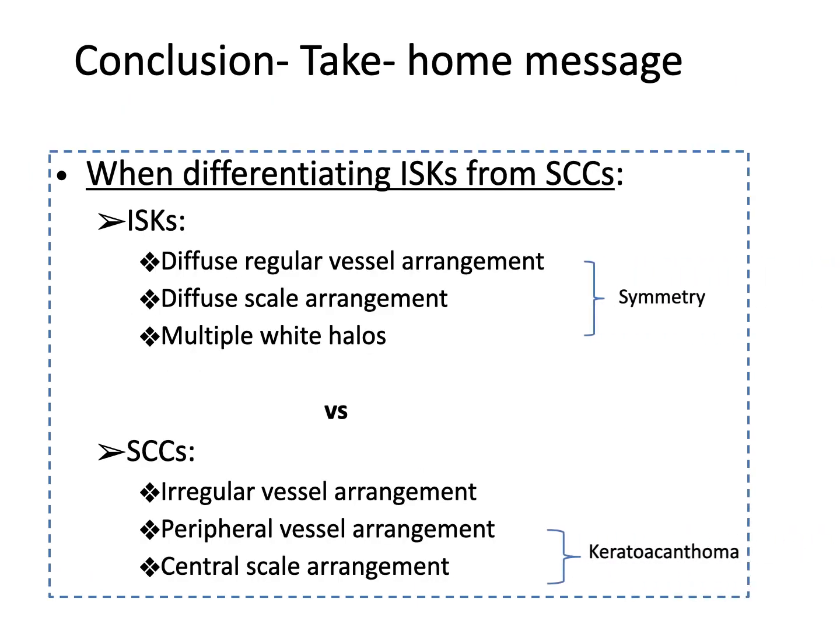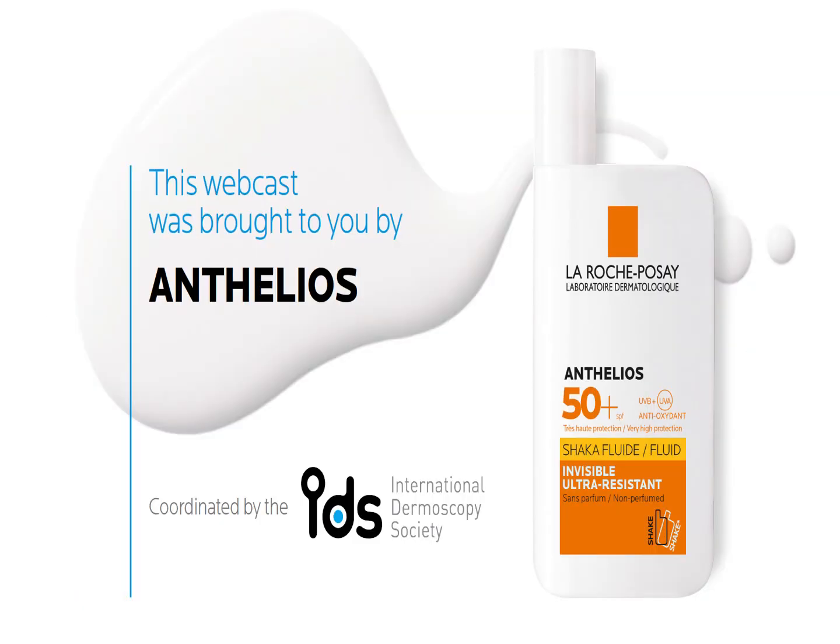Moreover, keep in mind that irritated SEBKs tend to exhibit a diffuse regular vessel arrangement, a diffuse scale arrangement, and multiple white halos, showing in general the symmetry of a benign tumor, while the presence of irregular vessel arrangement, peripheral vessel arrangement, and central scale arrangement favors the diagnosis of an SCC. The last two characteristics have also been described to typify the diagnosis of keratoacanthoma. And with this slide, I would like to thank you for watching this webcast.